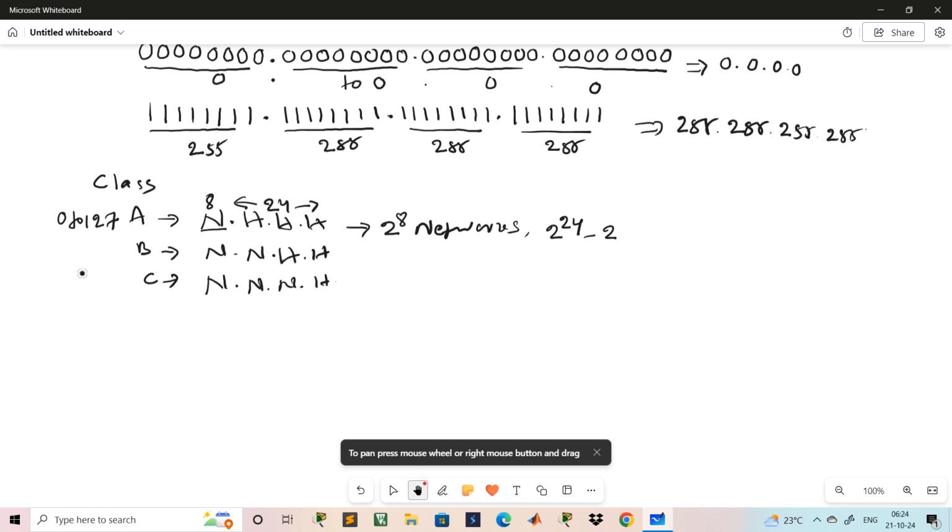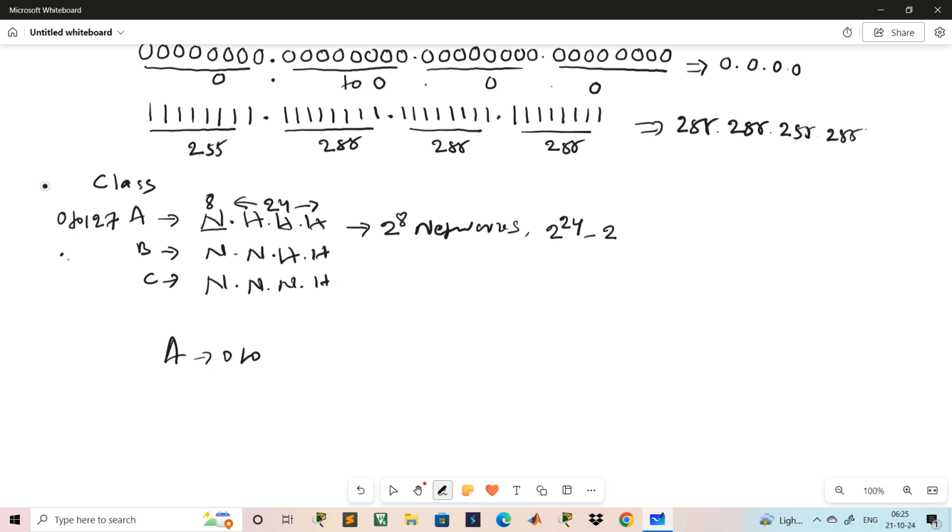If the first octet is 0 to 127, that means you are in class A. Class B will be 128 to 191.